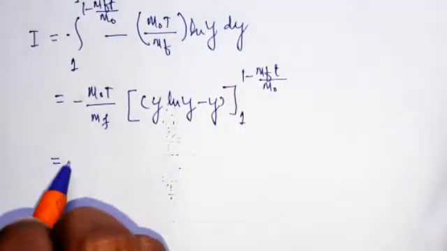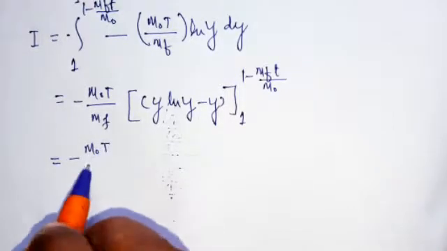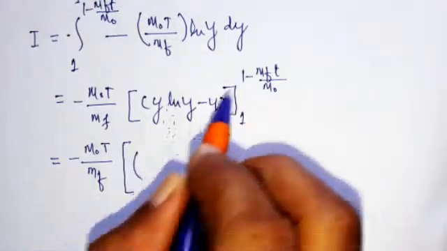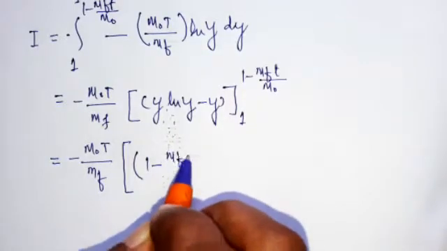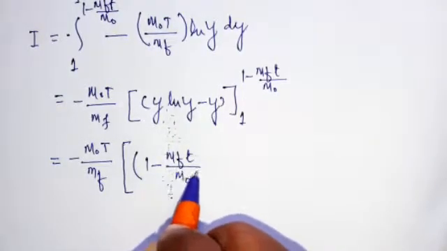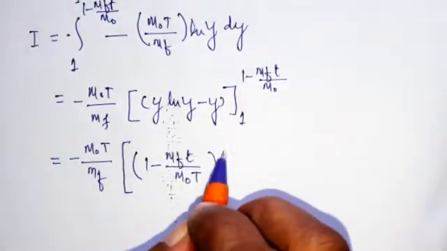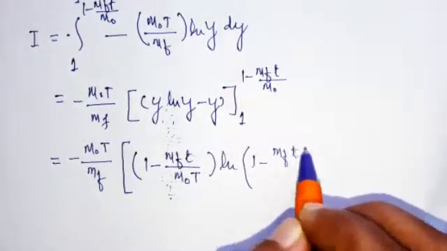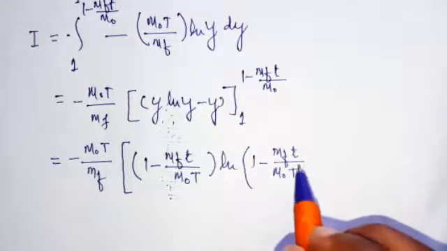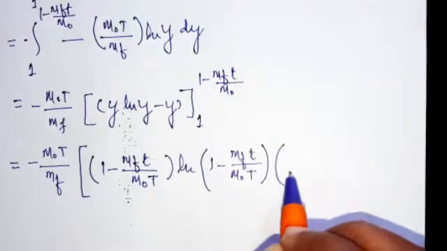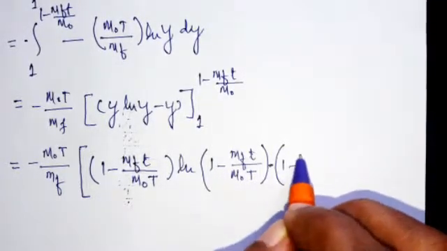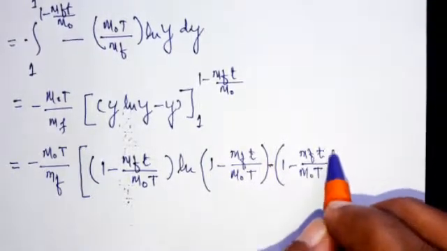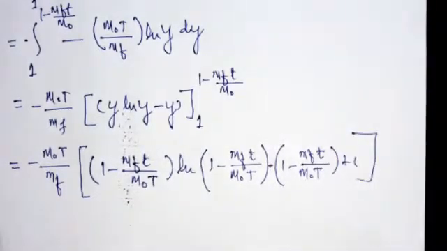Then substitute the value, m naught t upon mf is equal to 1 minus mf t upon m naught t into natural log of 1 minus mf t upon m naught t, minus 1 minus mf t upon m naught t, plus 1.